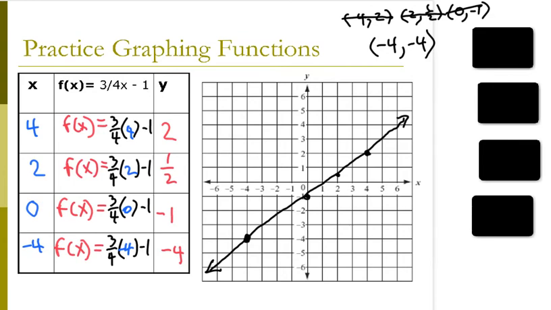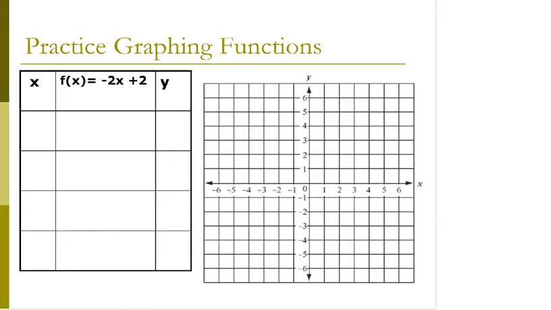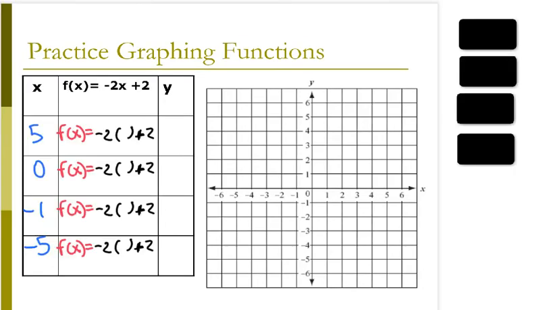Try to see if you could use the same principles we've just discussed to graph this function. So we need to choose some values, and I've chosen some here. Were we to input them, we have 5 here, 0 here, -1 here, and -5.